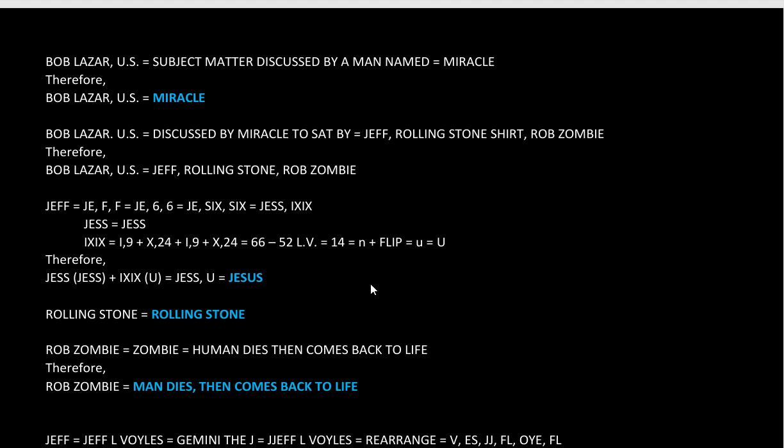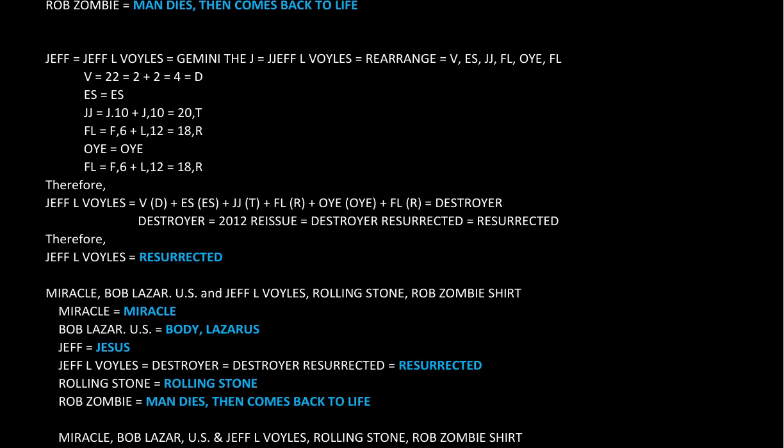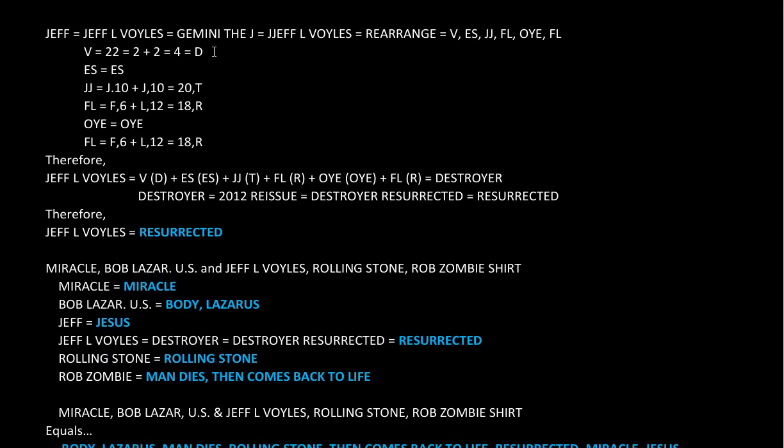So the name Jeff translates to Jesus, Rolling Stone remains Rolling Stone, and Rob Zombie is a man named Zombie, and Zombie is a man who dies and then comes back to life. All right, so Jeff L. Voiles translates to Destroyer. Destroyer was issued in 2012 as Destroyer Resurrected, which is a reference to the word resurrected. Therefore, Jeff L. Voiles equals resurrected.